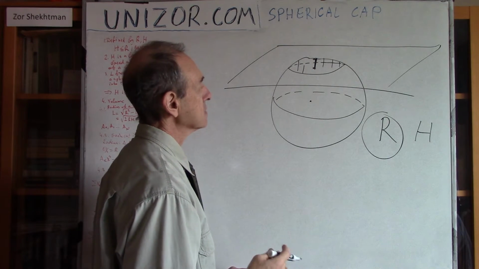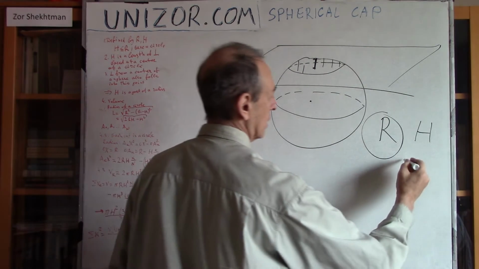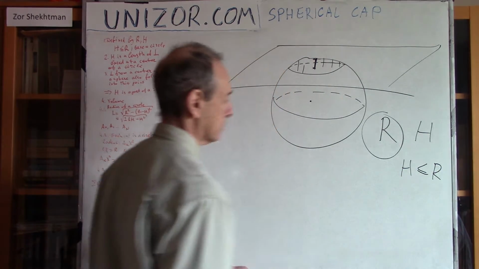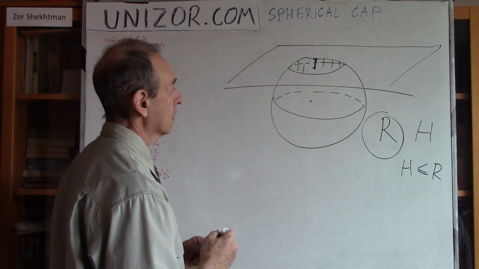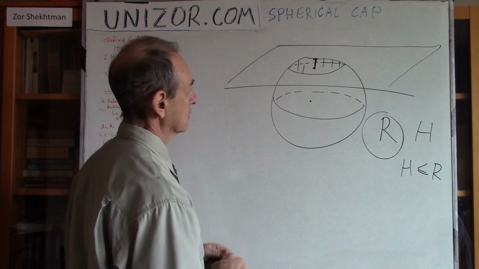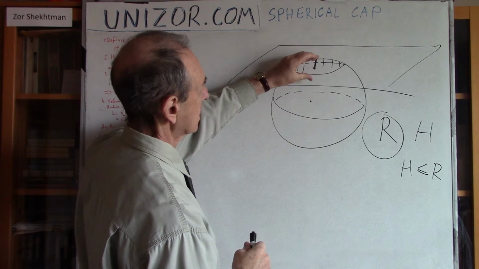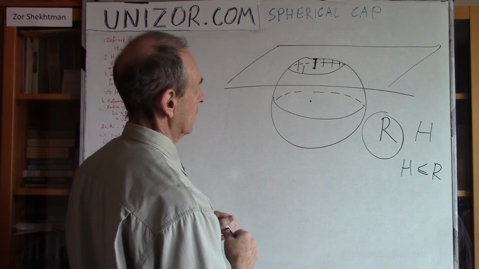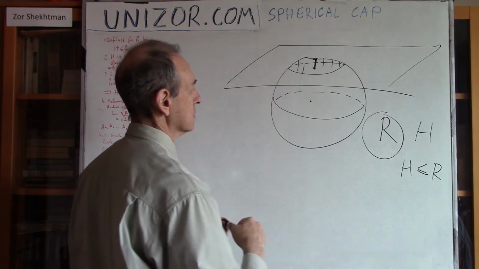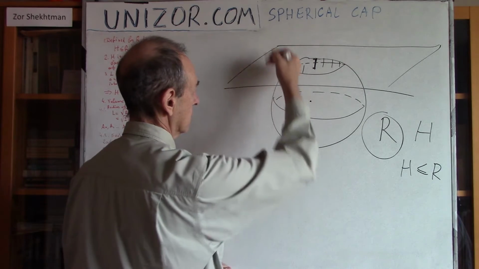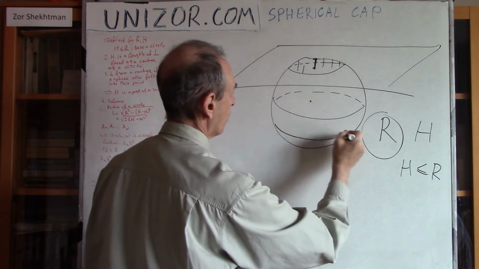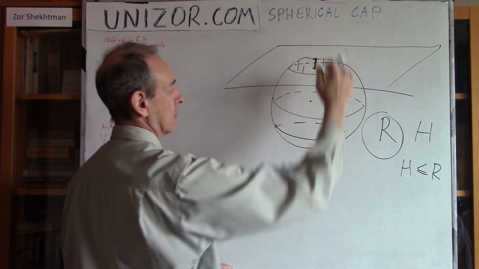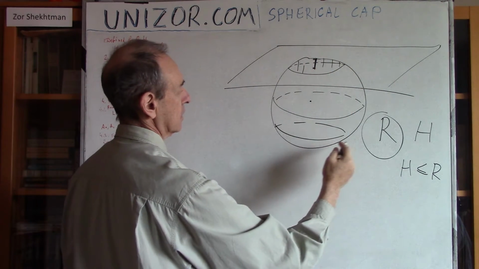Now, in our cases, we will always consider h not more than r. Why? Because if you increase the height up to r, it will be half of the sphere. If h is greater than r, then it's basically the top part, and this part would be our cap when h is greater than r.